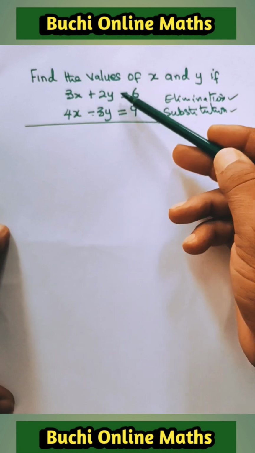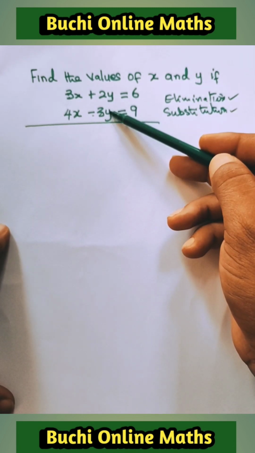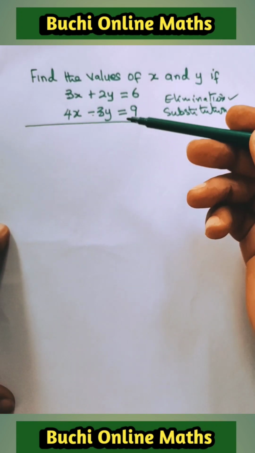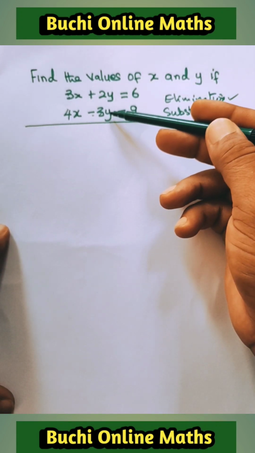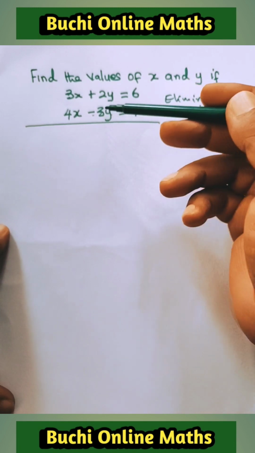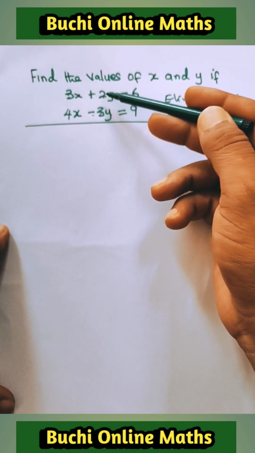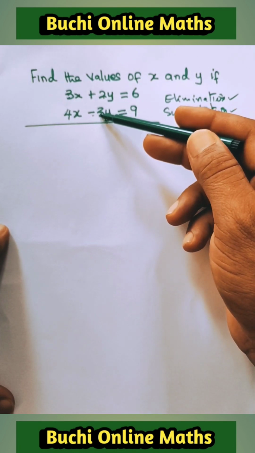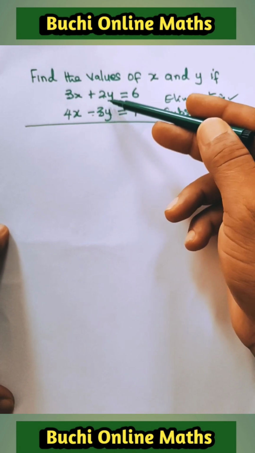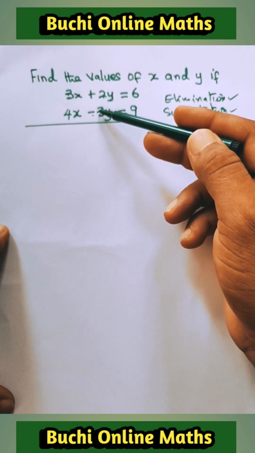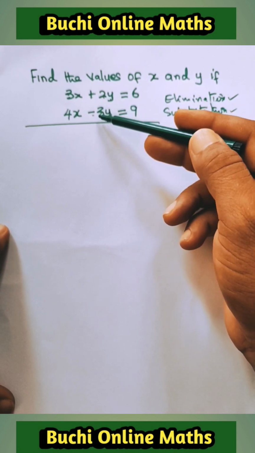I want us to eliminate y first of all. So when we eliminate y, we get the value of x. To eliminate y, we must make sure the coefficients are equal. Here, the coefficient of y is 2, but here coefficient of y is minus 3. Before we can eliminate y, that is to remove y, we must make sure the coefficients are equal.